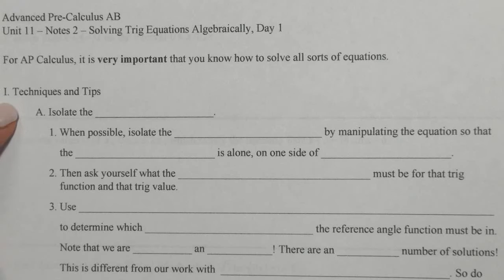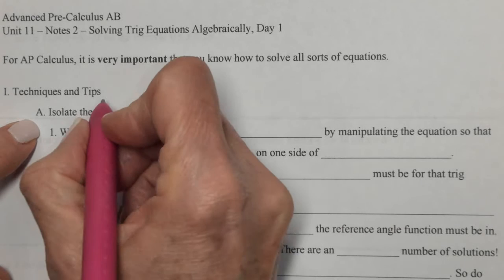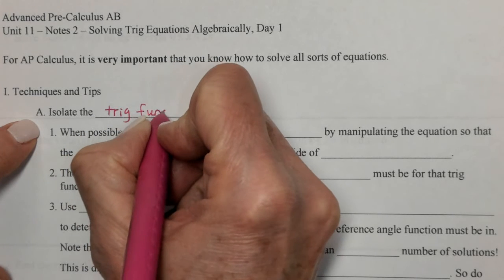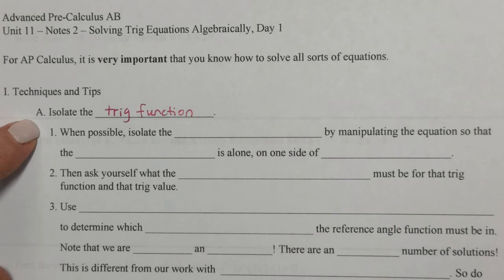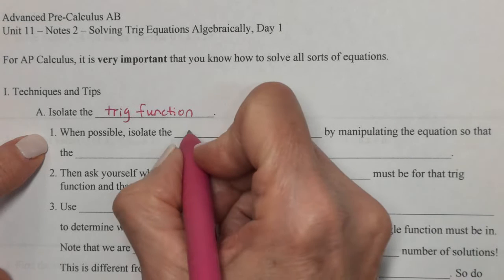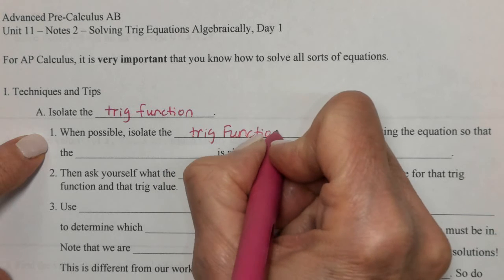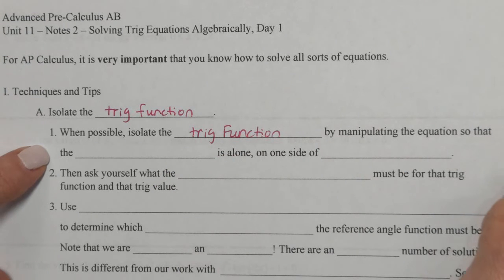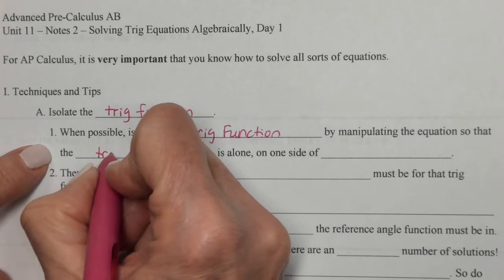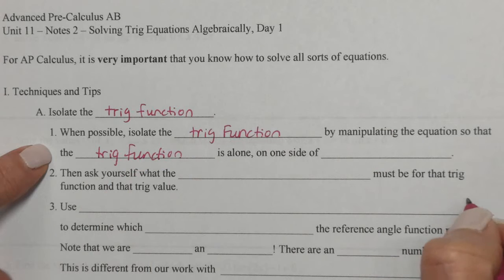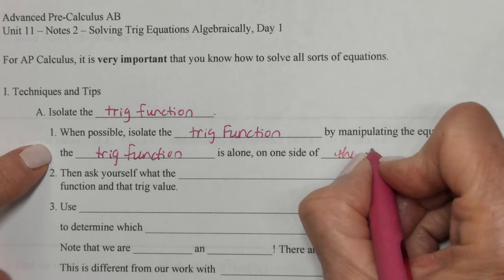Techniques and tips. Number 1, when you have a trig equation, we are going to be isolating that trig function. When possible, you do isolate the trig function by manipulating the equation so that the trig function is alone on one side of the equation.